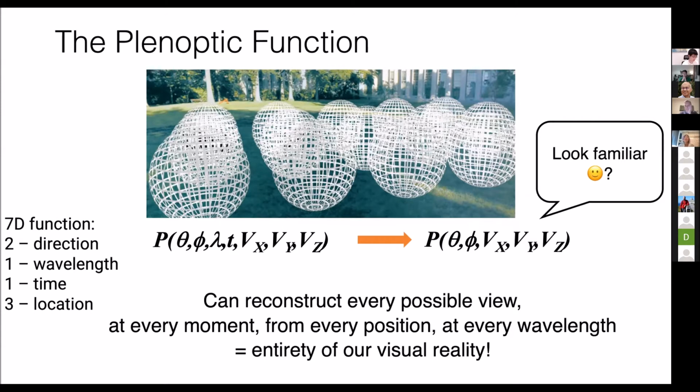Light fields are essentially a 2D slice of this plenoptic function, whereas NeRF can, in theory, model the entirety of it. You can actually model through occlusion inside. So that's a difference. But I just want you to keep this picture in mind, and we're going to come back to this.